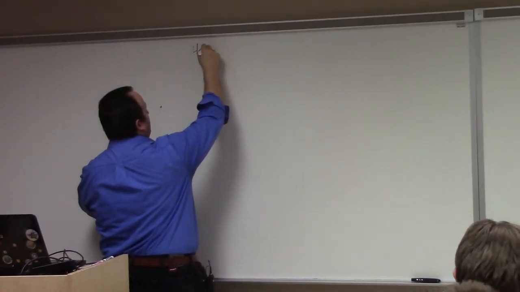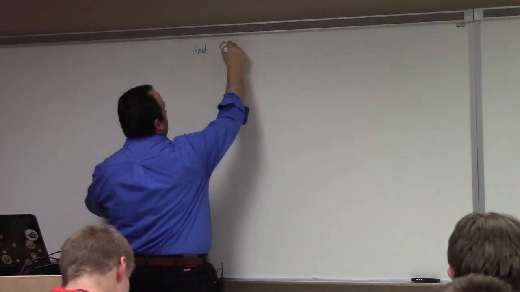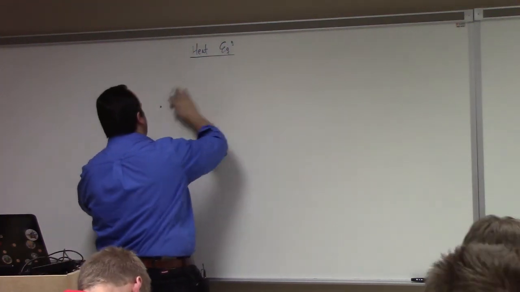So let's look at the heat equation. Now I'm going to look at a somewhat generic heat equation to start with here, and I'll try to explain what we're doing. This actually is the whole genesis of the method.